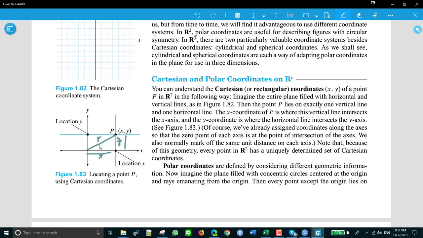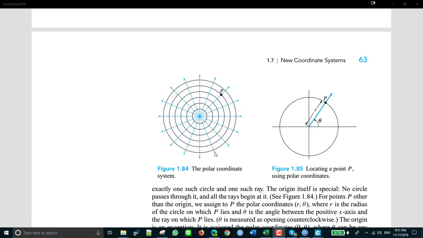And there's also a relationship between this angle and the X and Y coordinates, as you certainly know from geometry. So here's a point, there's the distance, and there's the angle.